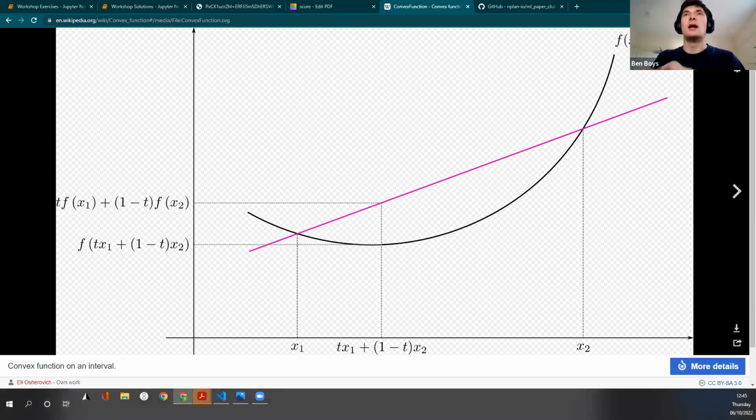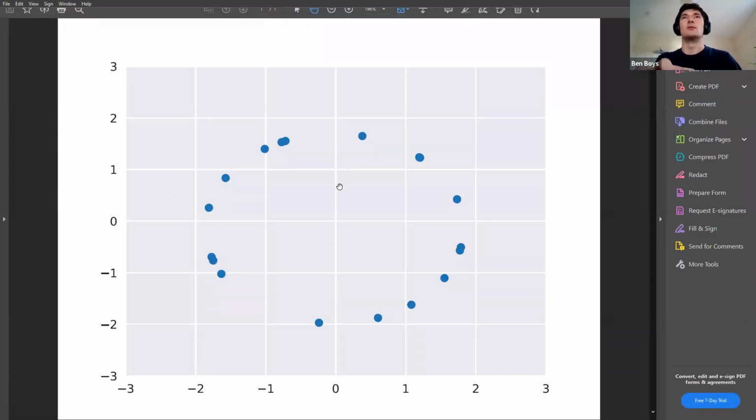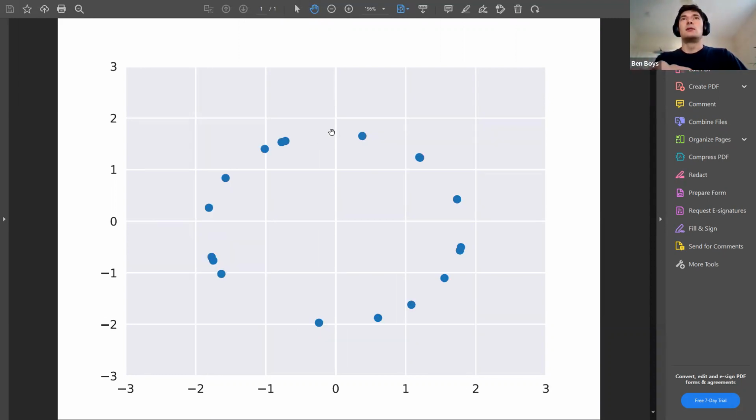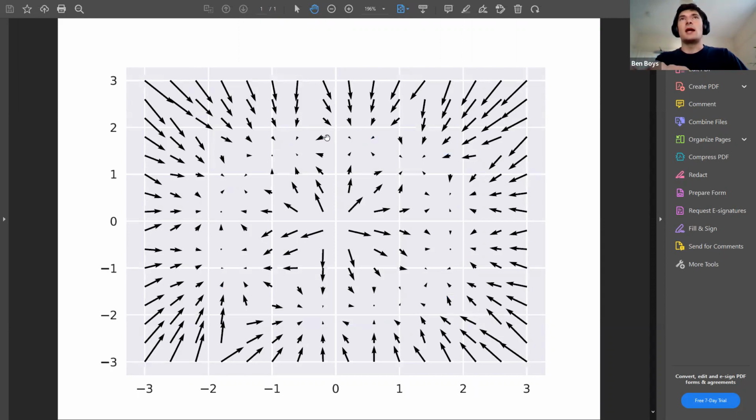If I now have a smaller amount of data on the ring, and then I evaluate exactly the score function, the score function is not going to be accurate in regions where I haven't sampled from. So between the data points here, the score function is not accurate.